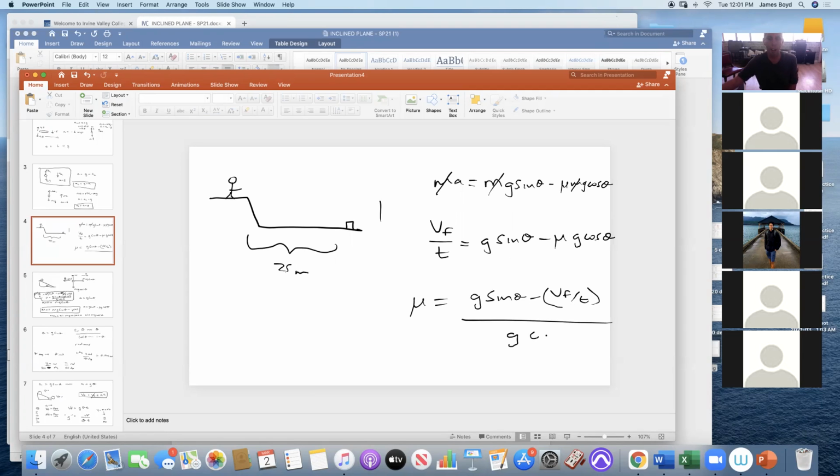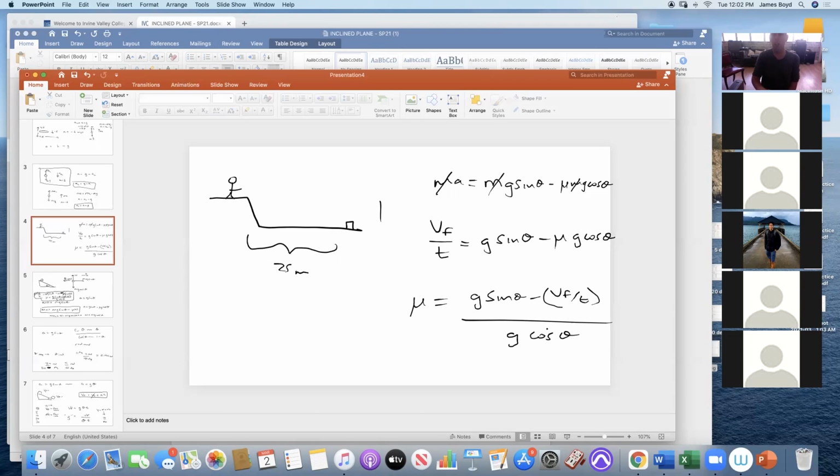by G cos theta. Now, for the first and last, so for the 5 degrees and the 30 degrees, I want you to find the coefficient of friction using V final and T from your data table, and the angle, and then G is 9.81.